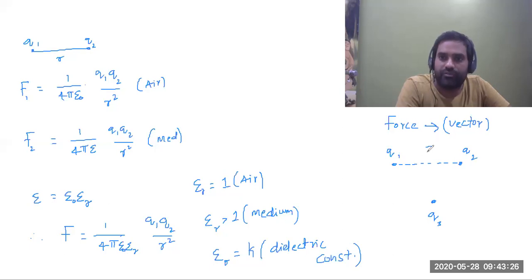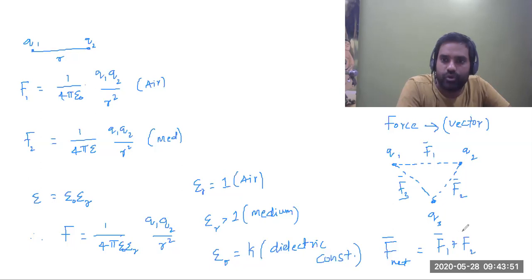Then you will expect three forces. Between Q1 and Q2, one force, let it be F1; between Q2 and Q3, another force, let it be F2; and between Q1 and Q3, another force, let it be F3. Now for getting the net force, I take F1, F2, F3 in vector form, and then we apply the superposition principle. The net force is F1 plus F2 plus F3.